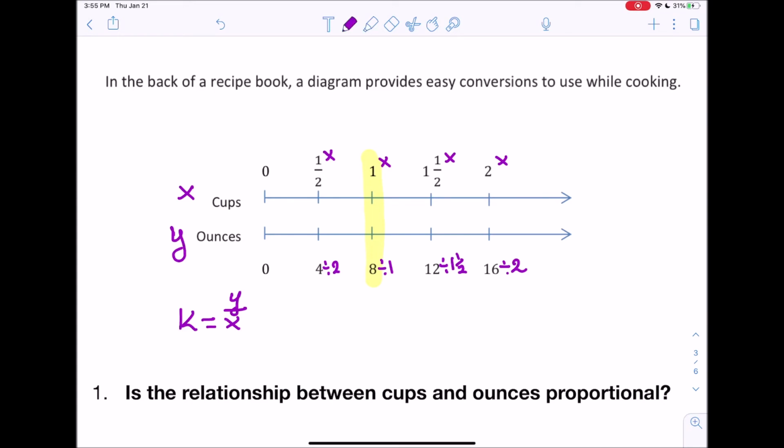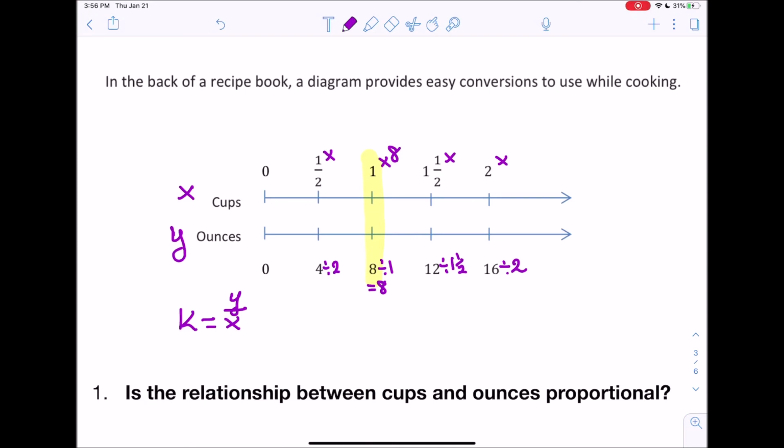What times 1 gives you 8? 8. What's 8 divided by 1? 8. Okay? So now we have to see if the others work. If all the x's multiplied by 8 give you the answer for y, then it's proportional. If one of them doesn't work, then that means it's not proportional, okay?